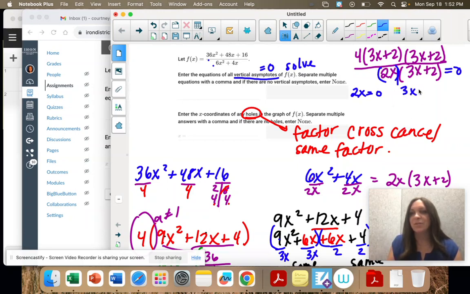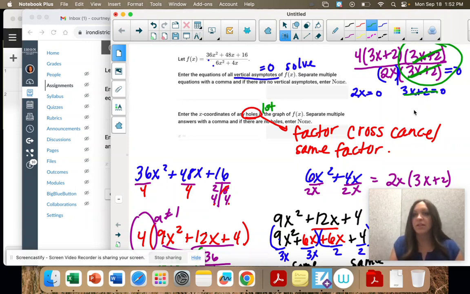And then 3x plus 2, actually, we shouldn't do that yet. I'm sorry. If we solve that, we're going to get an asymptote, but it's not an asymptote. It's a hole. These can cross-cancel. You want to find your holes first and then your asymptotes.